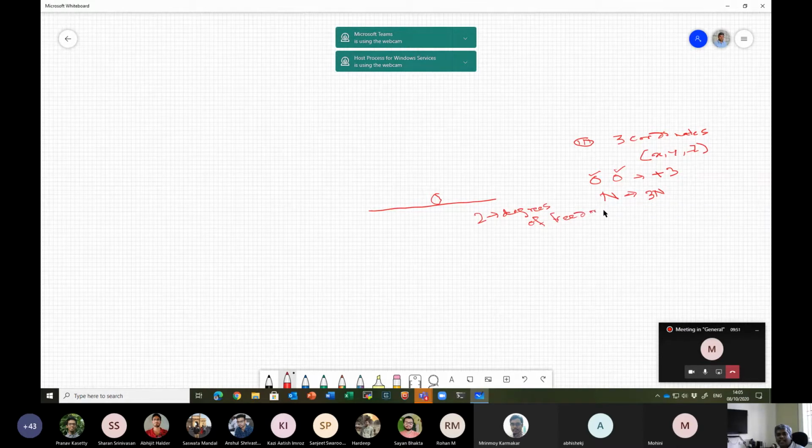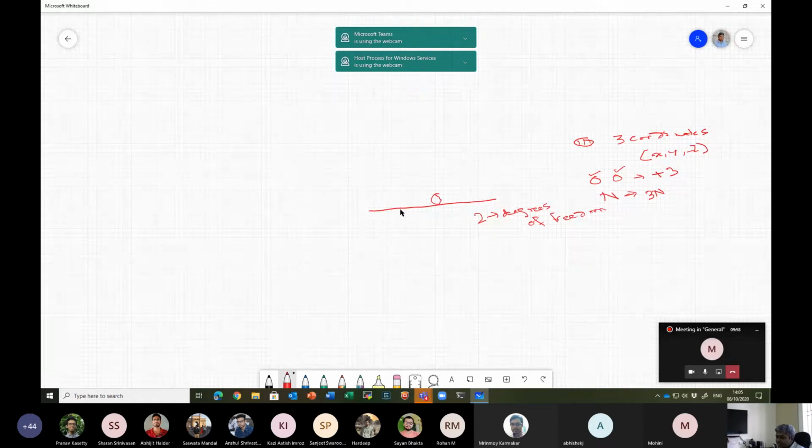We are constraining the motion of this particle to this 2D plane. So this is our simplest idea for understanding the constraint.